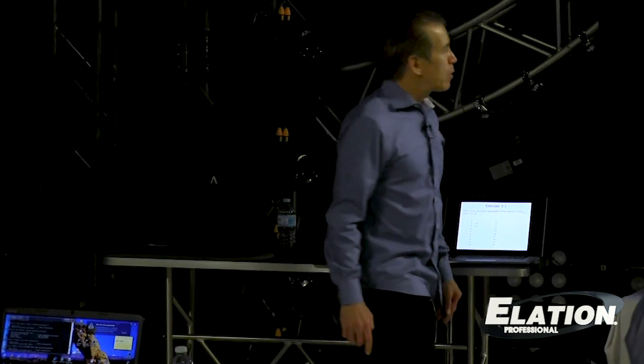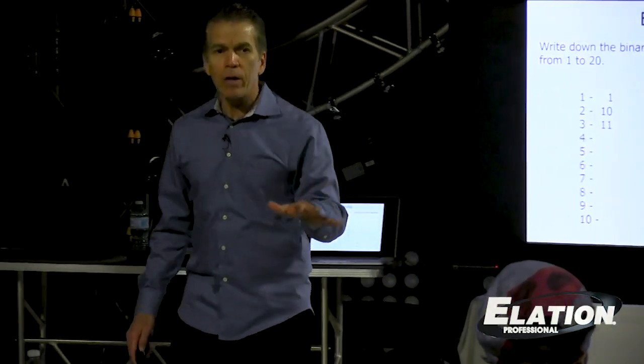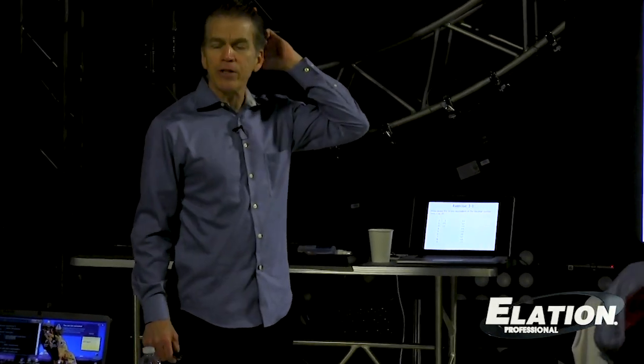Okay? Now, the next little slide in your worksheet, it asks you to write down the binary numbers from 1 to 20. I'll let you do that on your own. All right? So if you want to try that, I'll give you a hint too.